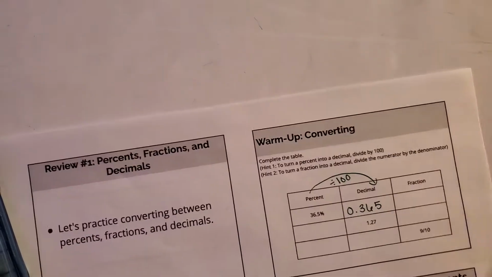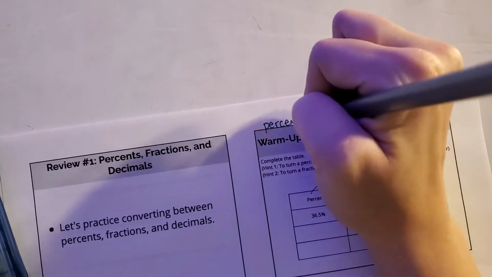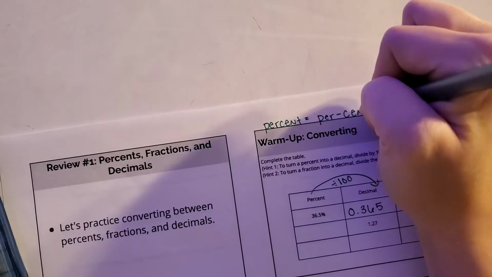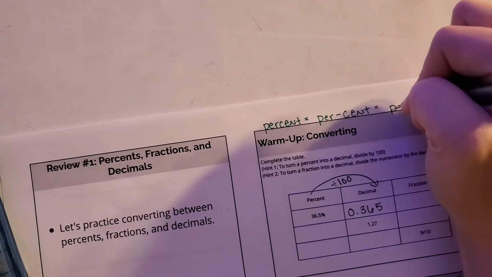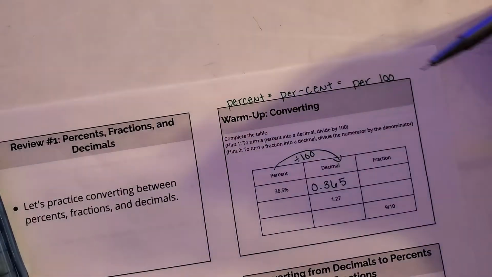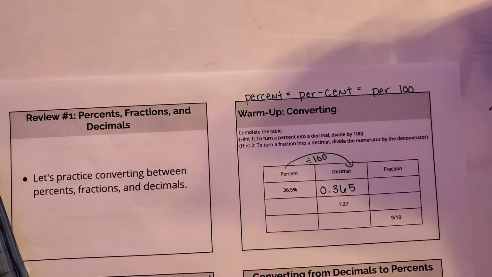Well, we have talked about how the word percent can be broken into the words per, cent, or per 100. Because cent means 100. So what this means is a percent is out of 100.